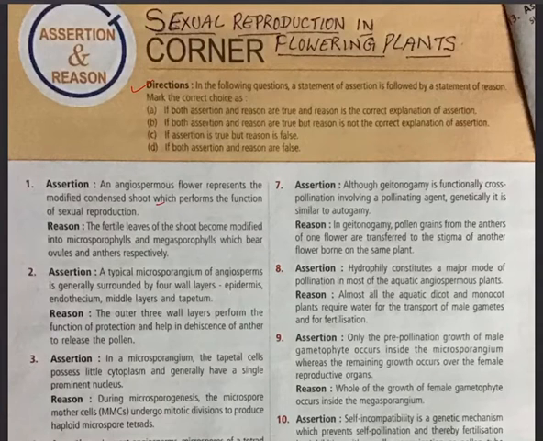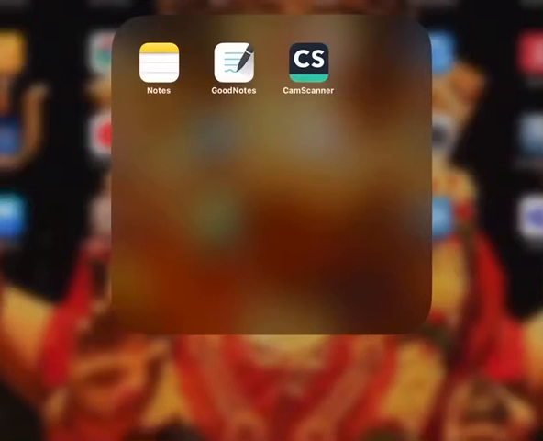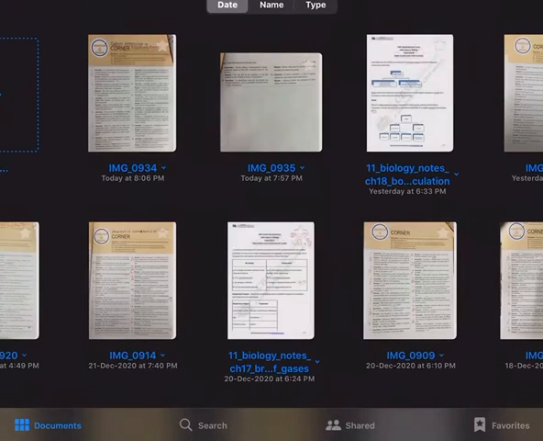Reason: The fertile leaves of the shoot become modified into microsporophylls and megasporophylls which bear ovules and anthers respectively. I think this is false. Reason is false. So if assertion is right and reason is false, the answer has to be C. Why is it so? Why is question number 1 C?